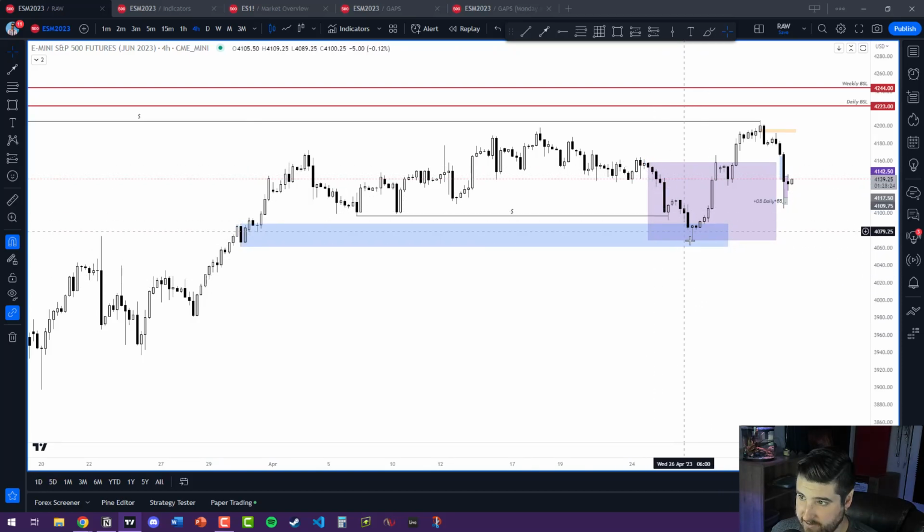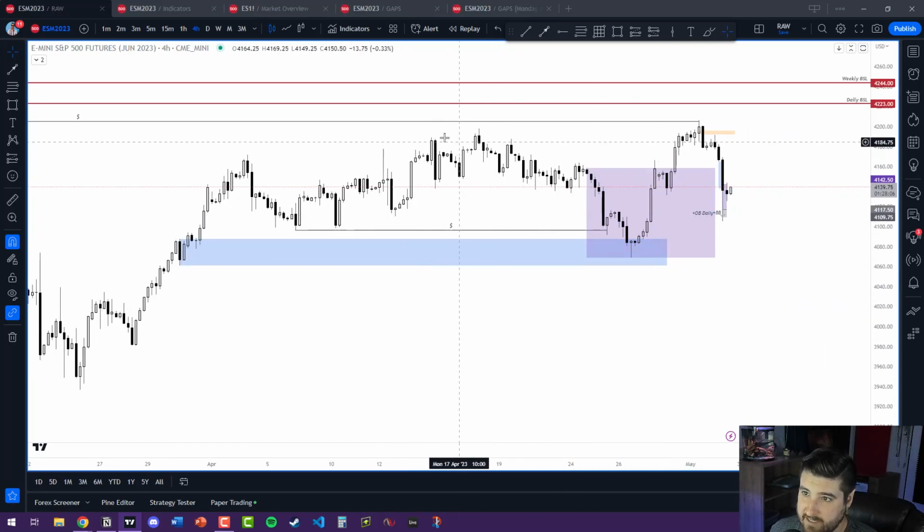Kind of what I did on the daily to show you price was going to pull down and usually to that 50% area of that order block. And guess what? Price went down. We had that giant wick and now price is looking to go up. I would like to see it come back up here. So this is my support right here.